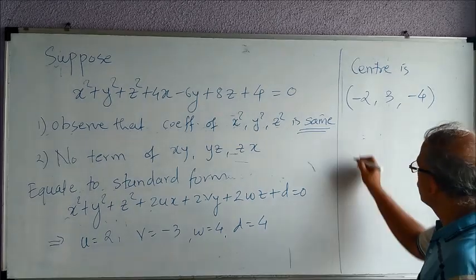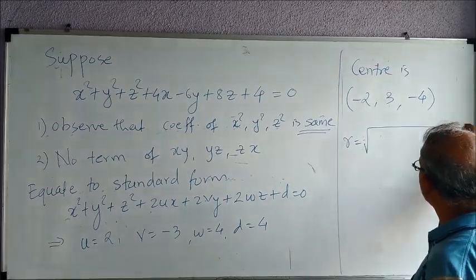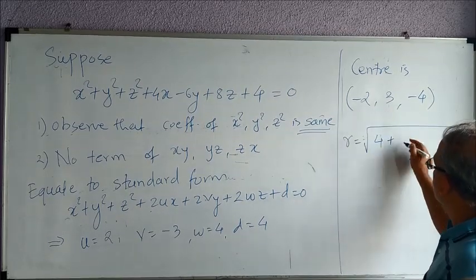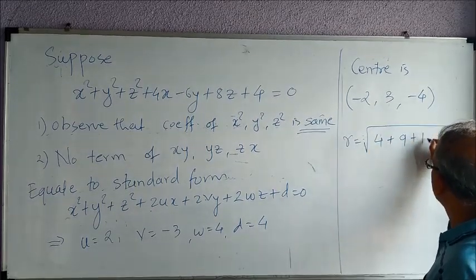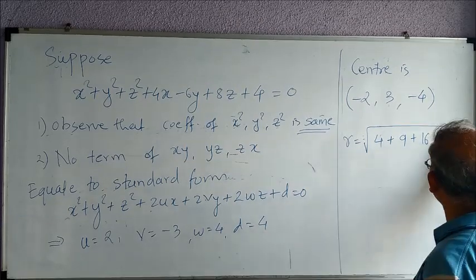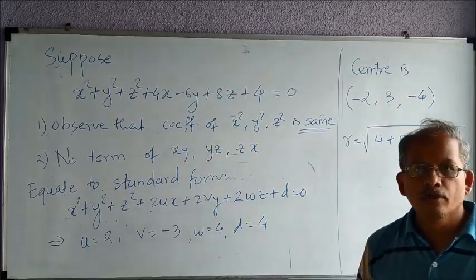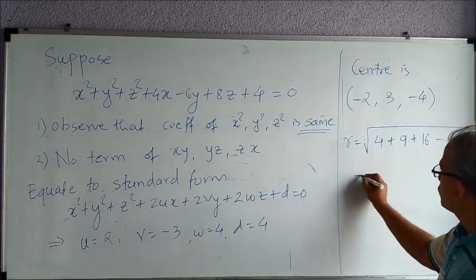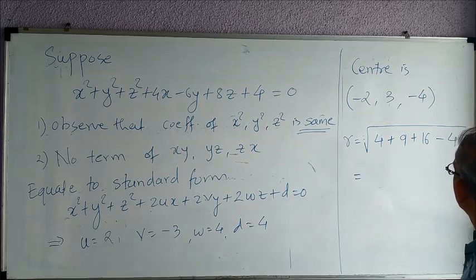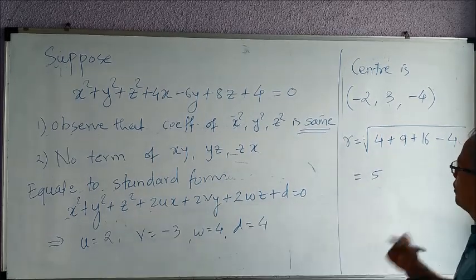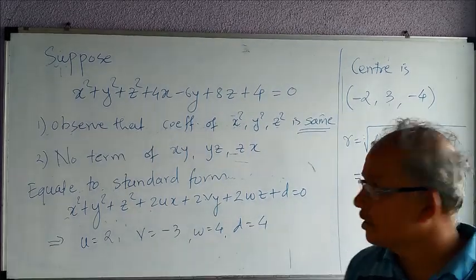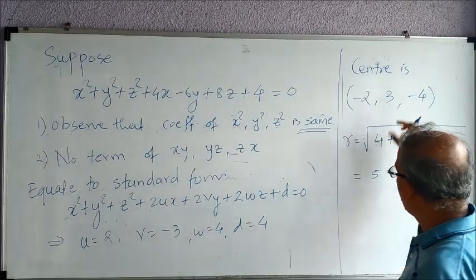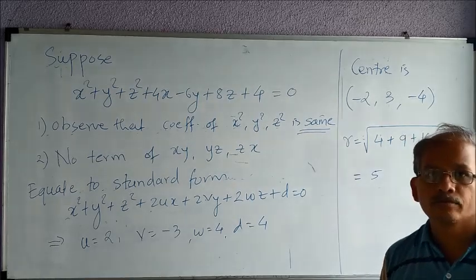And what is the radius? r is equal to the square root of minus 2 square, so it is 4 plus 9 plus 16 minus d, which is 4. So it is u square plus v square plus w square minus d. If you simplify this, we get 5. So this is a sphere centered at this location and its radius is 5.